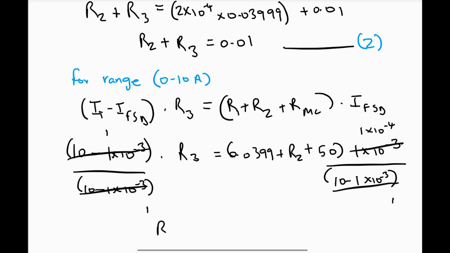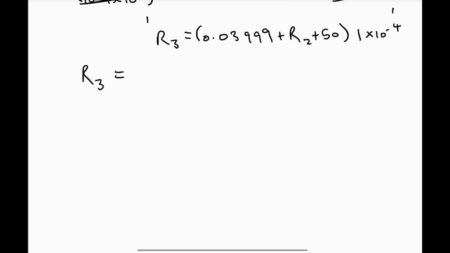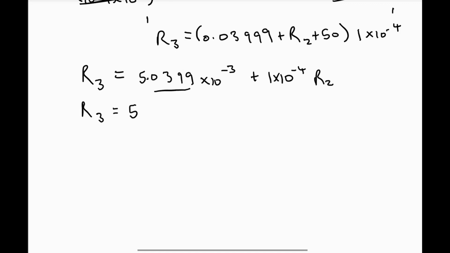So I have R3 equals the bracket times 1 times 10 to the power negative 4. Removing the brackets, I have 5.0399 times 10 to the power negative 3 plus 1 times 10 to the power negative 4 R2. I'll just ignore past the decimal point, so I'll have my third equation as R3 equals 5 times 10 to the power negative 3 plus 1 times 10 to the power negative 4 R2.